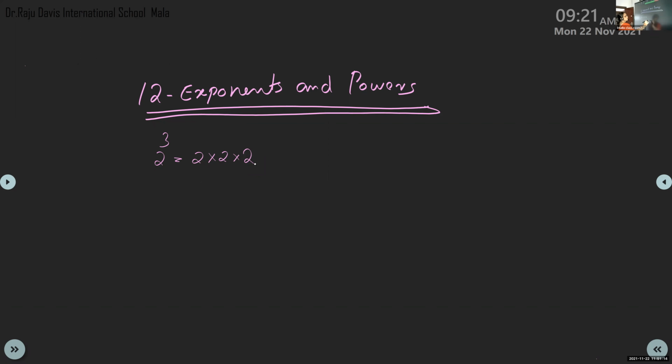Here 3 is known as the exponent and 2 is the base.